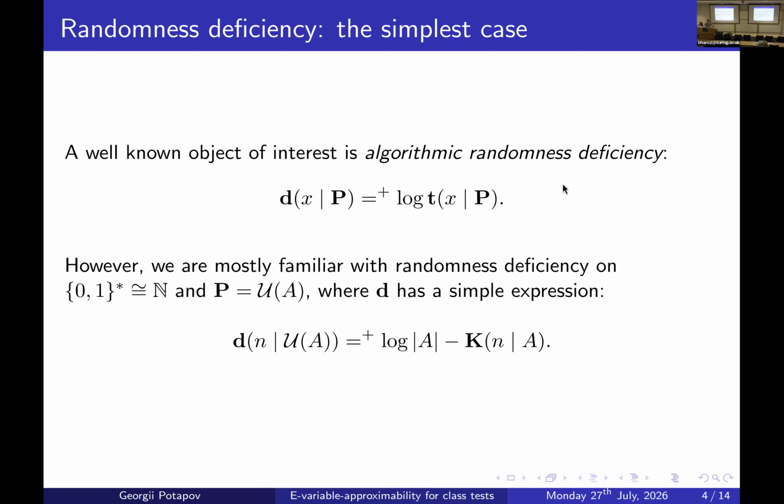In the simplest case, when we have a natural number, or a finite binary string, as the first argument, and the uniform distribution as the second argument, it is conveniently expressed as the difference of the logarithm of the size of the support minus the conditional prefix Kolmogorov complexity.